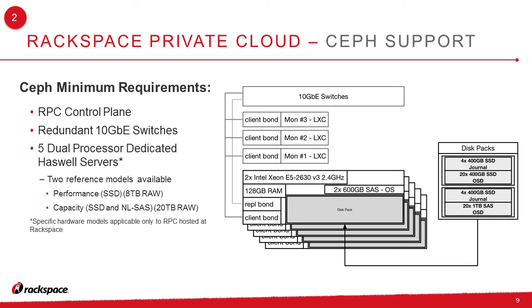For Ceph, and in all honesty, all things storage, we recommend and mandate 10 gig Ethernet. It's theoretically possible to use 1 gig Ethernet, but we feel that the performance provided doesn't lead to a good experience. And the Ceph nodes themselves are dual processor dedicated servers. The processors we're using are a fairly mid to high end Haswell processor.